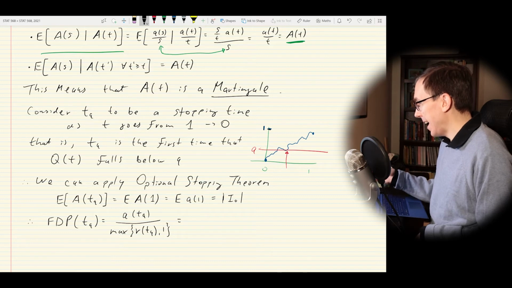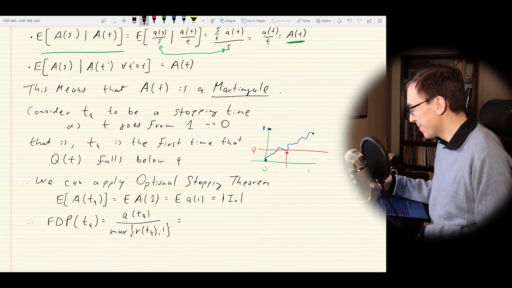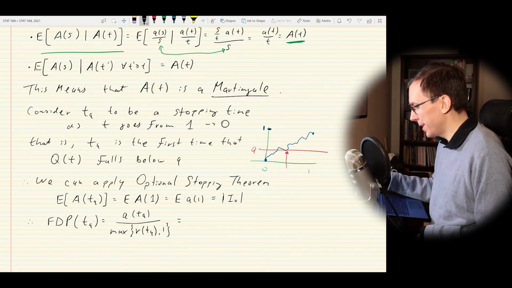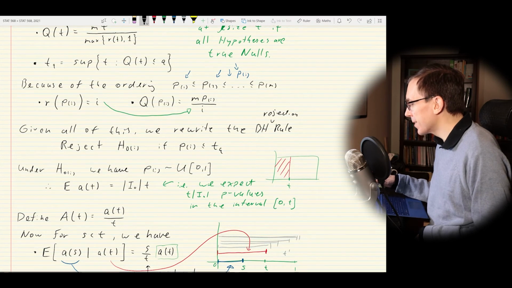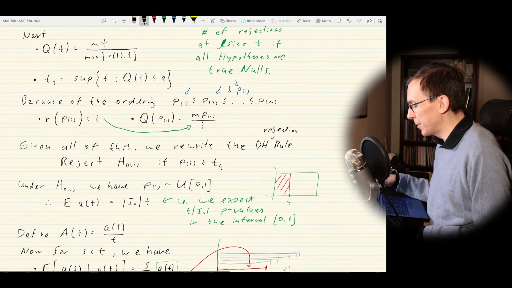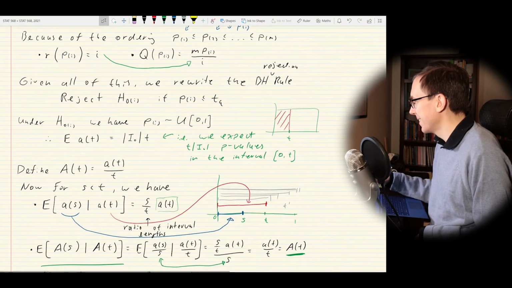Okay, and that we can rewrite in terms of capital Q. Capital Q, I always forget what everything is, I have to look it up again. Capital Q is M_t divided by the max.